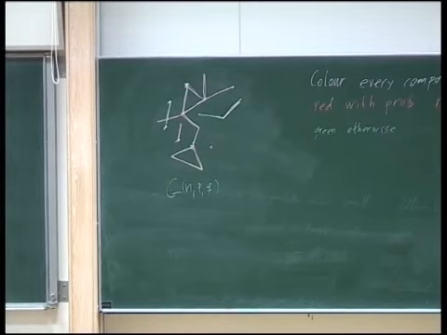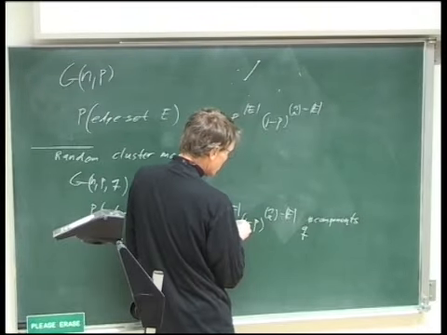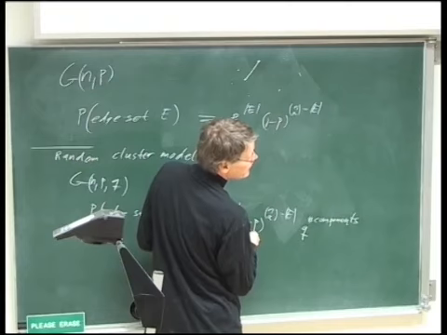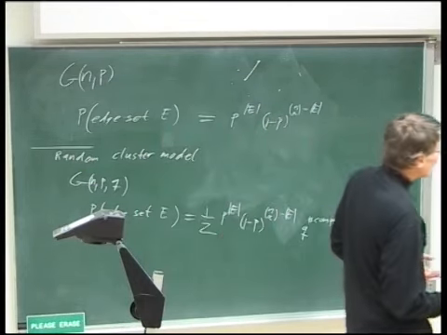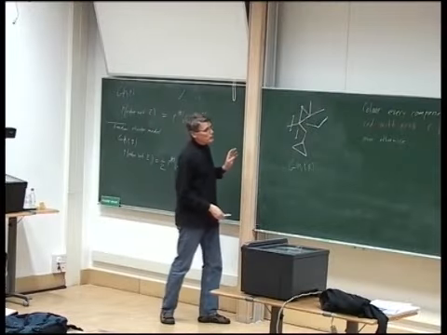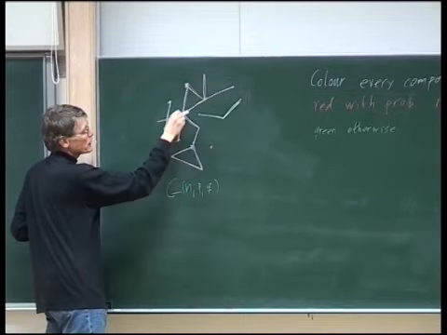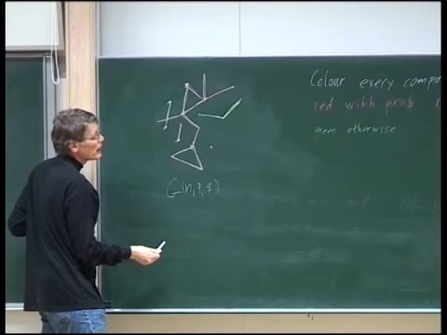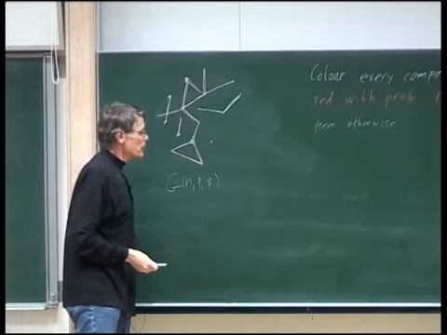Okay? But for all such configurations, first of all we have the probability of getting exactly the edges we see. But secondly, we have to get the right colors, which means that we have to multiply by this probability r for each component which is becoming red, and 1 minus r for each one that's going to become green.